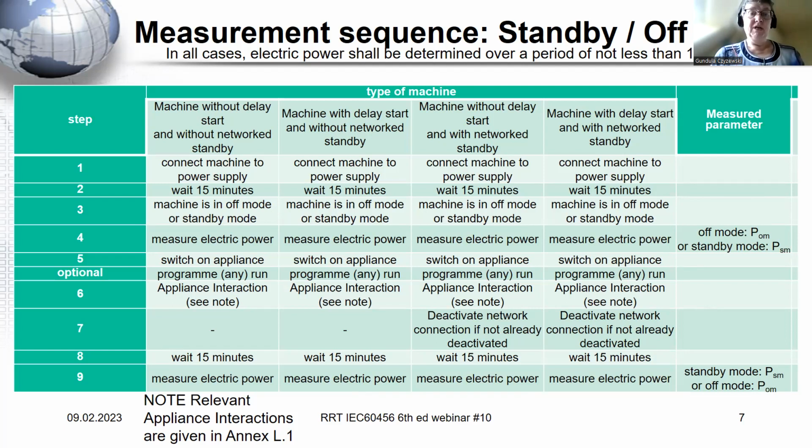And then after another appliance interaction, and here we have a note, and we will come back to what are appliance interactions, because this is also discussed quite a lot in the application and the round robin test. Then you wait another 15 minutes, and then you measure the electric power again. So in both these cases, you may come up then with the measurement of off mode or standby mode, and that depends on the machine itself, how it reacts.